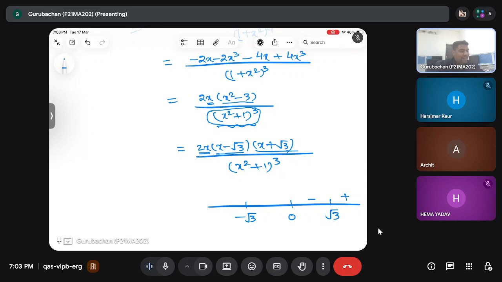Now between minus under root 3 and 0, say minus 1, this will be negative, this will be negative, then it becomes positive, and this will be positive. Next, any point before minus under root 3, that is minus 2: negative, negative, negative. So again negative.